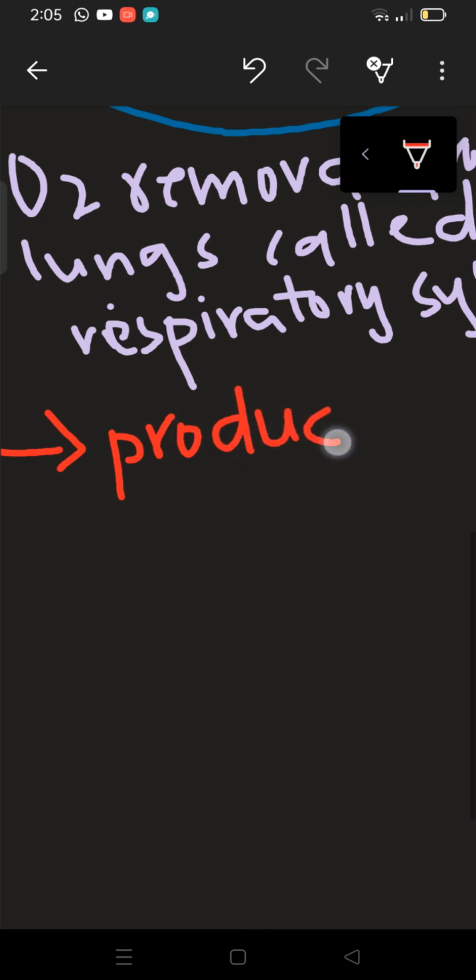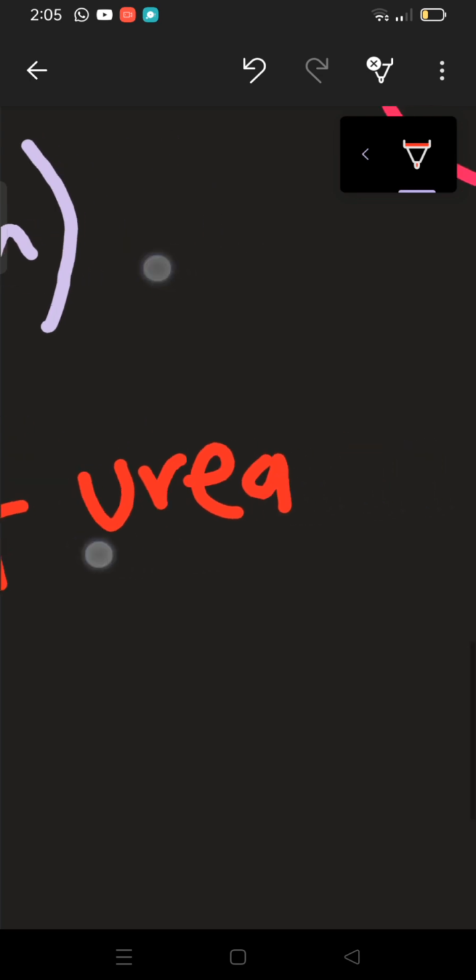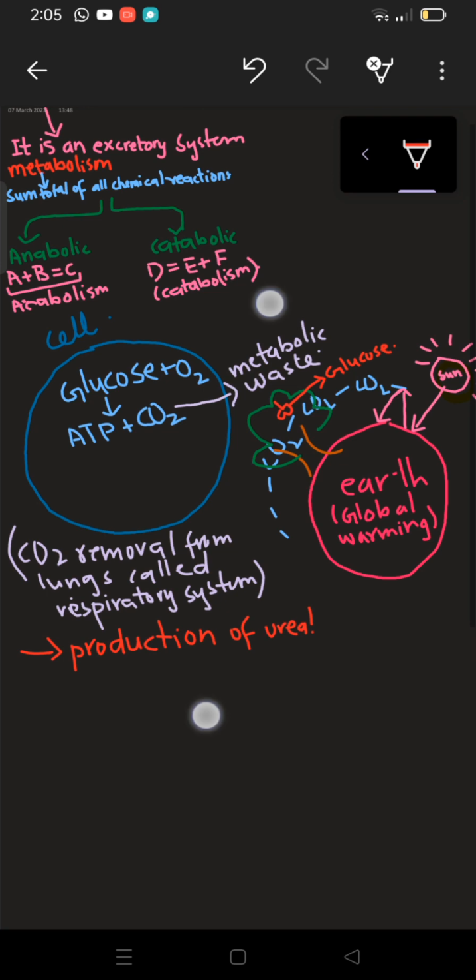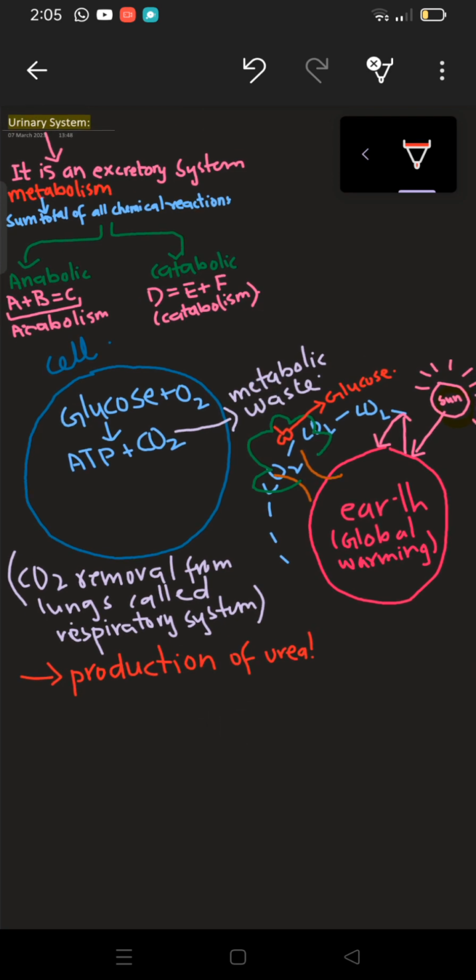Production of urea. So how is urea produced in our body?